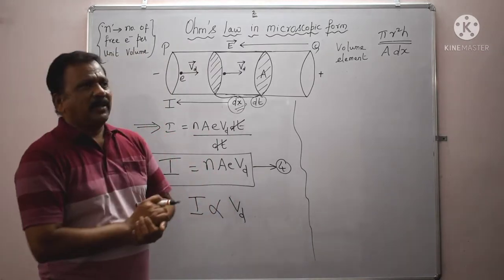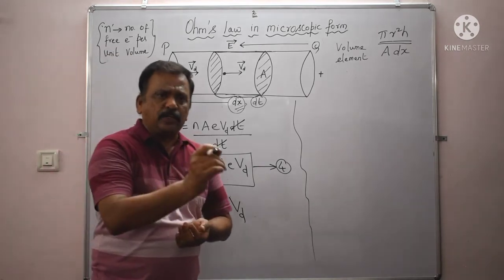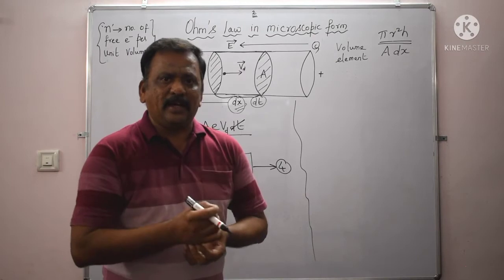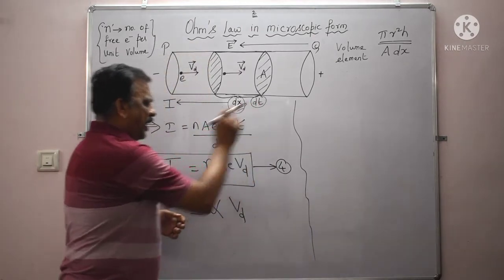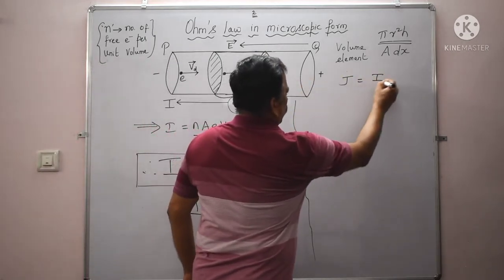You know, current density is the ratio of current to area, or current flowing per unit area is called current density. So current density J is equal to I by A. You know this formula.